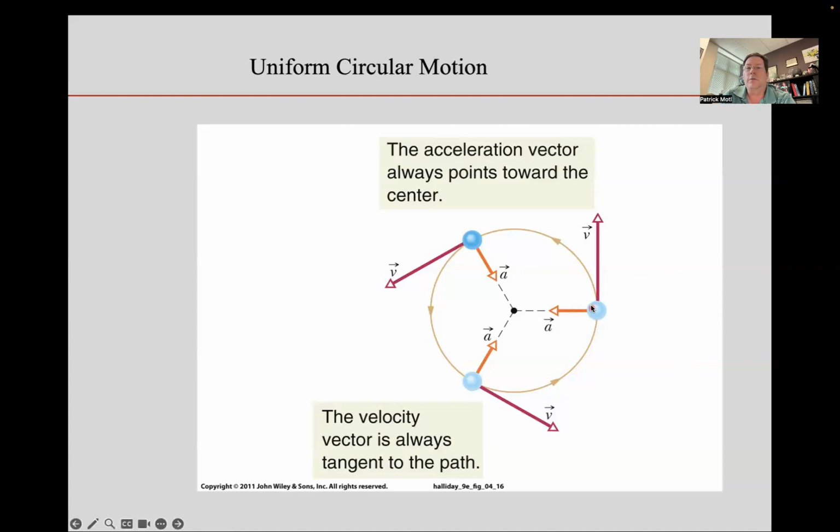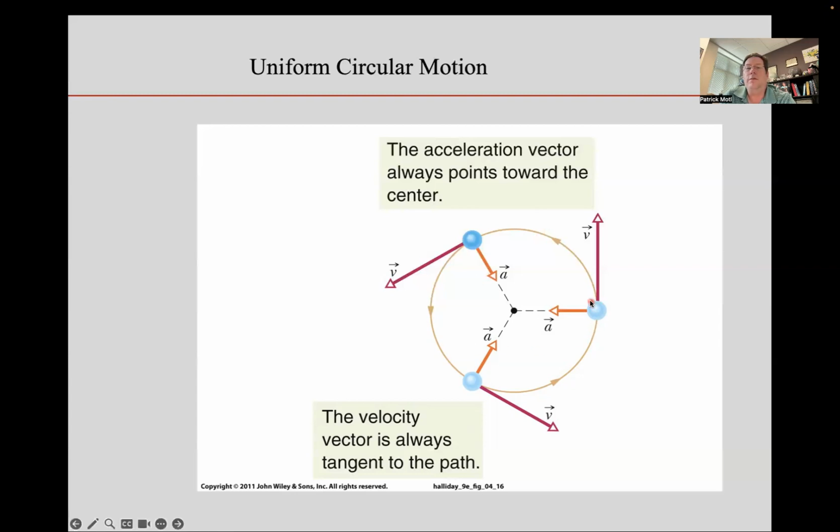So the trajectory is simple. It's a circle, so you're a constant distance from a point. The velocity vector's length is fixed, so the speed is constant, but the direction is changing at a constant rate. And that constant rate of change of the velocity means that there is an acceleration that always has the same magnitude, but is just changing the direction.